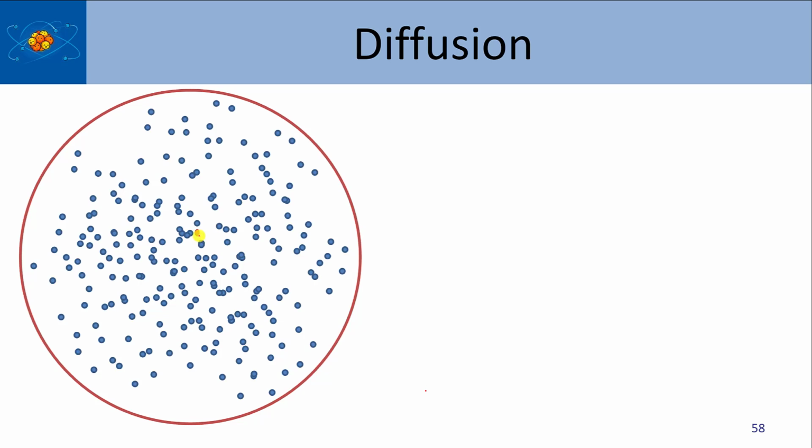Well, he might travel over here and then hit something and go like this, and here and here and here. Now, gradually over time, his path will get wider and wider. He can't just go like the ideal and end up over on this side. So this is the process of diffusion.